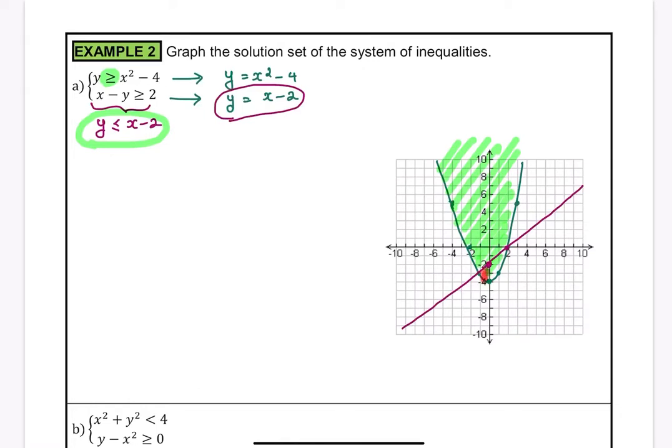We are looking at this right here, and therefore the region that we are interested in is going to be this particular region, above the parabola and below the line. So that is the region of the solution. Any point in here will satisfy both of these inequalities.